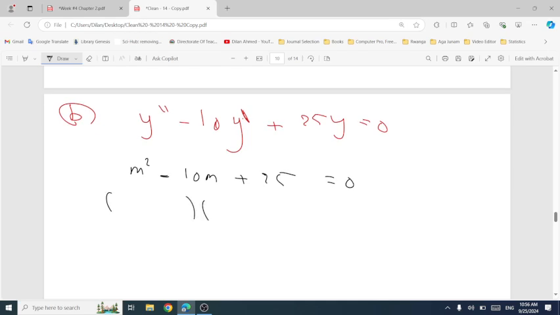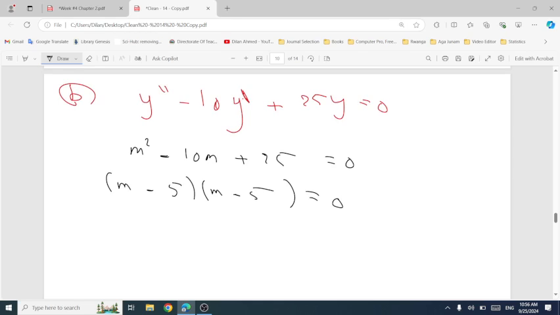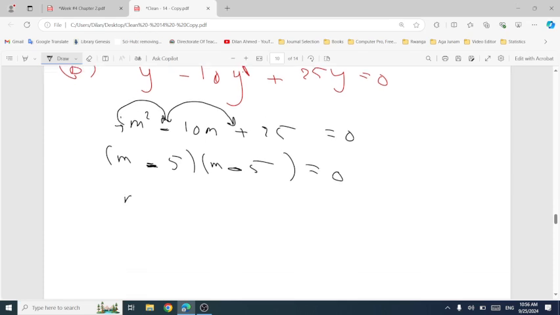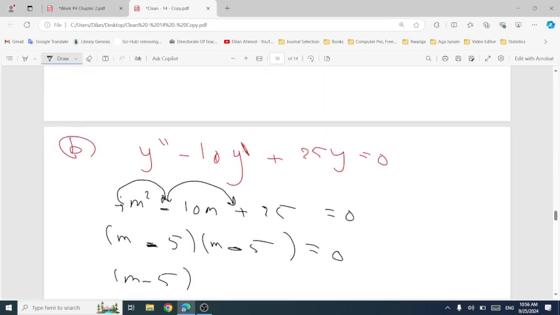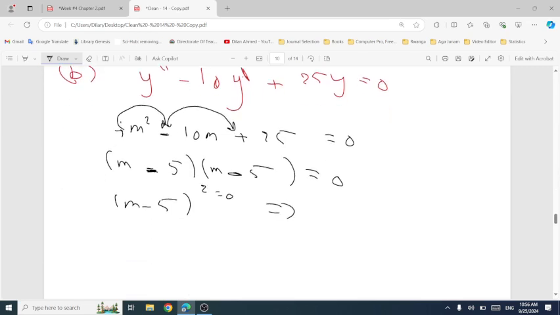So I can solve this one by formula or by two parentheses. So I say m minus 5, m minus 5. You know how to do it. Positive times negative is negative, negative times positive is negative. 25 is 5 times 5. Clear?